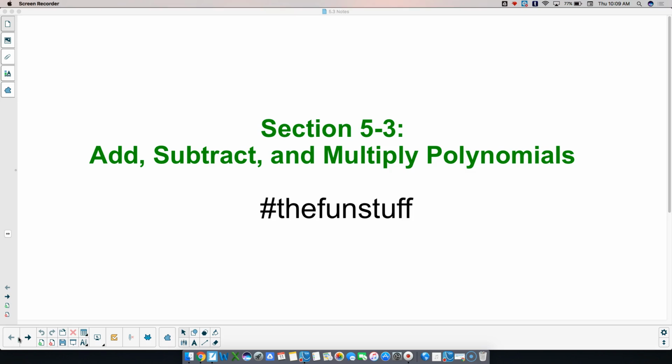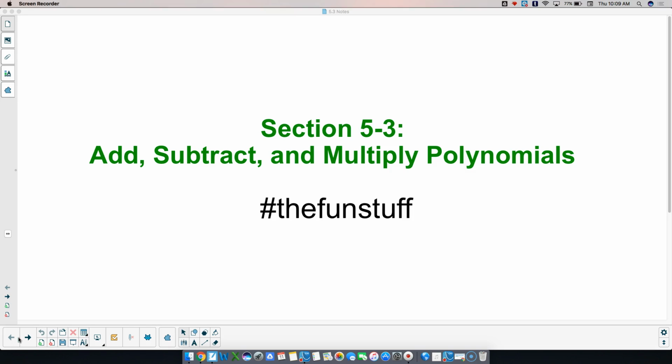Alright, so yesterday, actually I lied. Yeah, yesterday we talked about polynomials, and we talked about polynomial functions. A polynomial is an expression. A polynomial function is an equation. So today we're going to just focus in on polynomials.